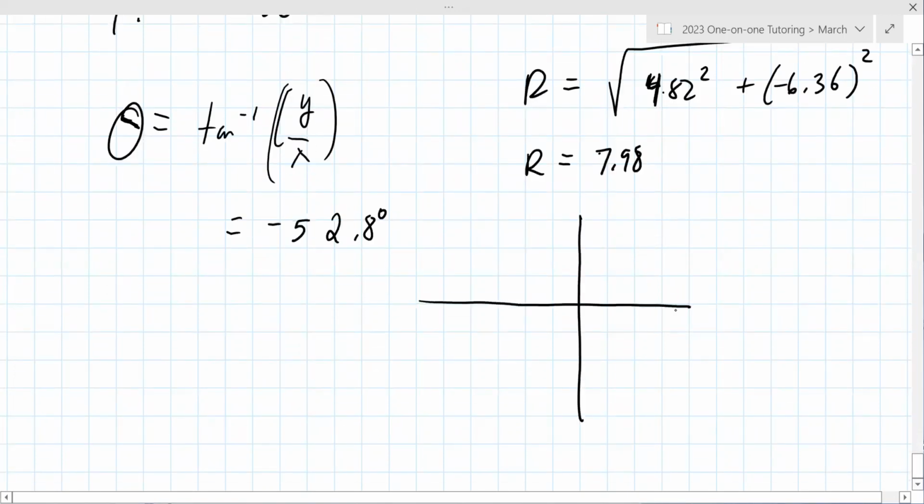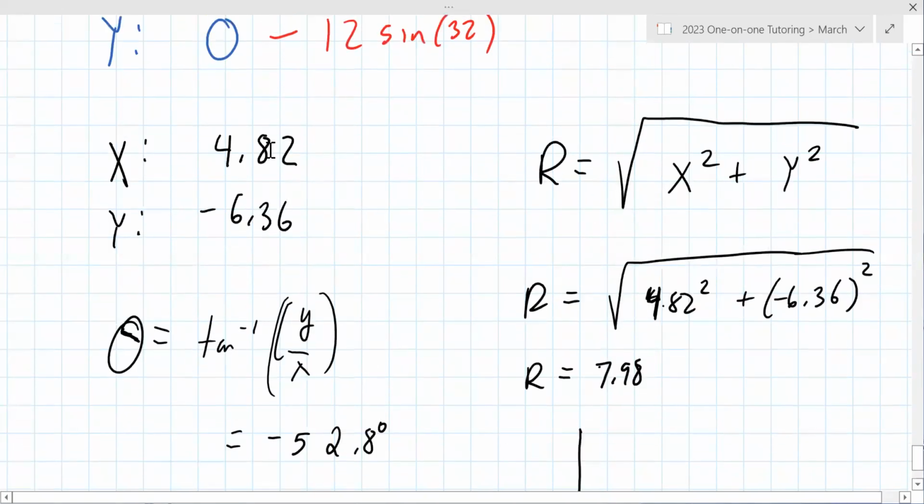Let me know if you get something similar. Are you in agreement with this number? Let me scroll up here to see the x and y values again.